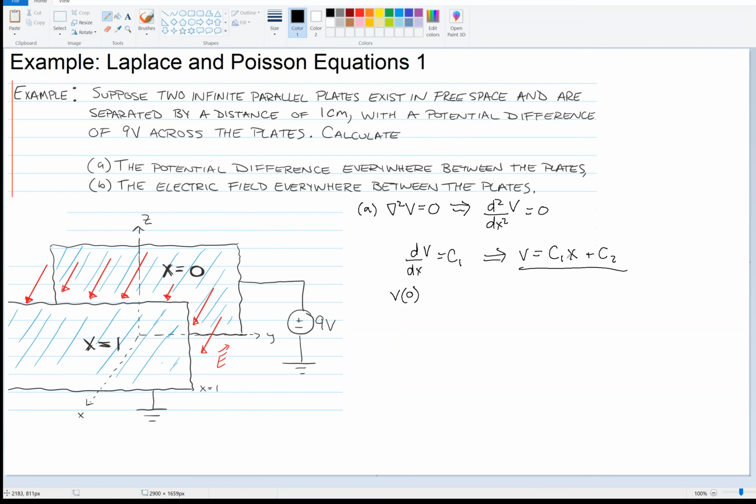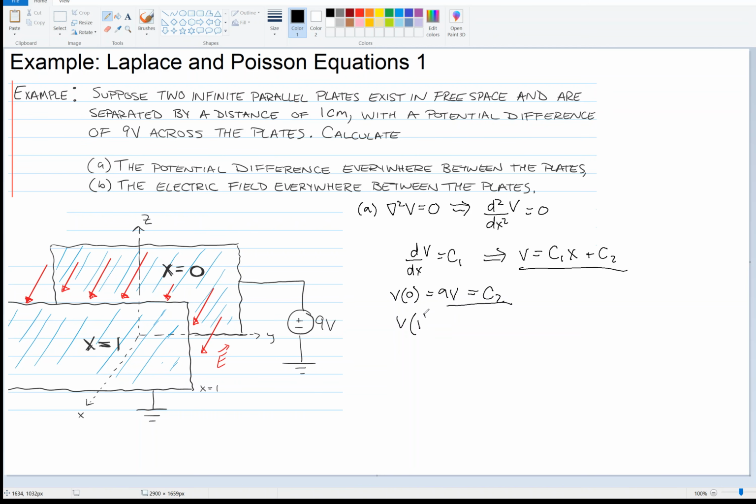So when I plug in x equals 0, notice the c1 will cancel. So V at 0 should be 9 volts, and that is equal to C2, right? When x is 0, I just have C2.